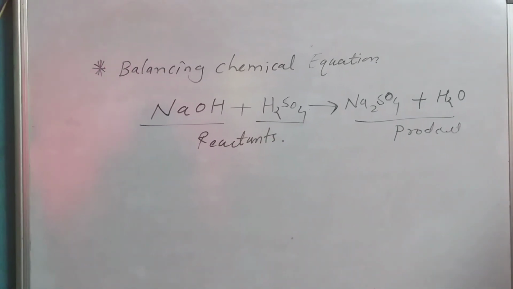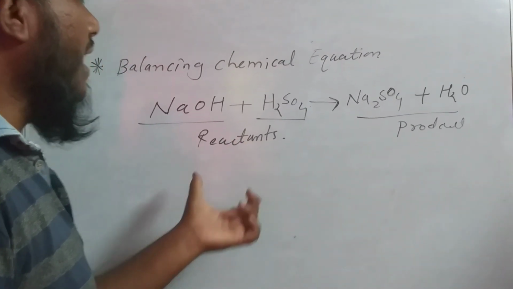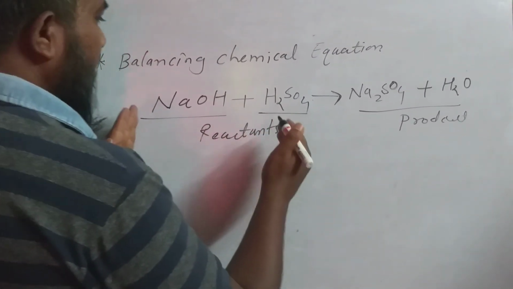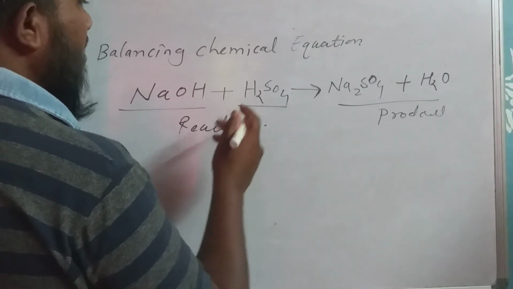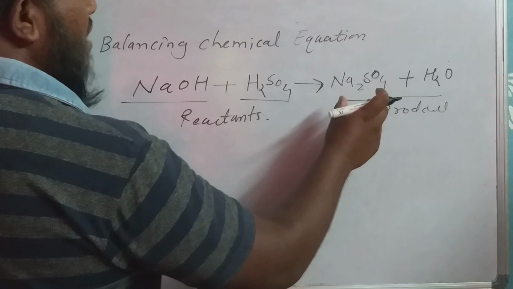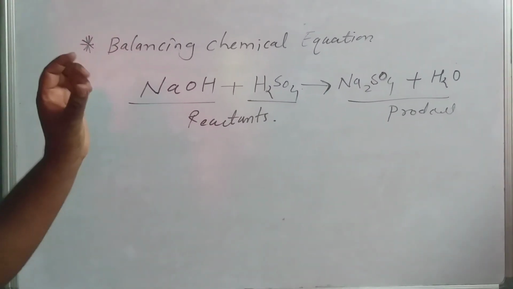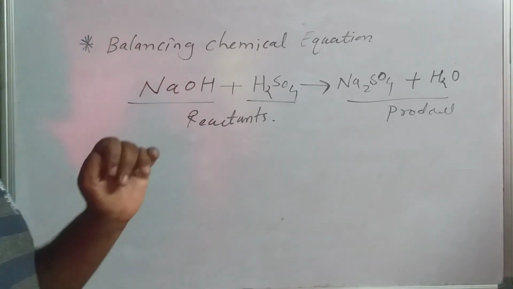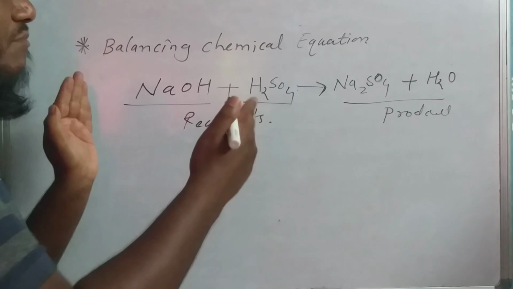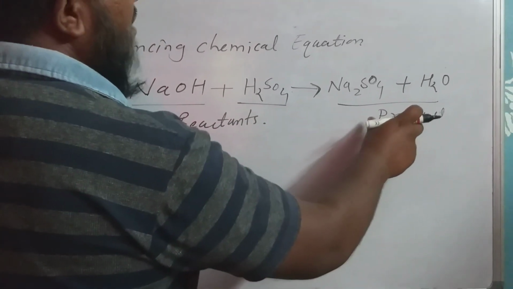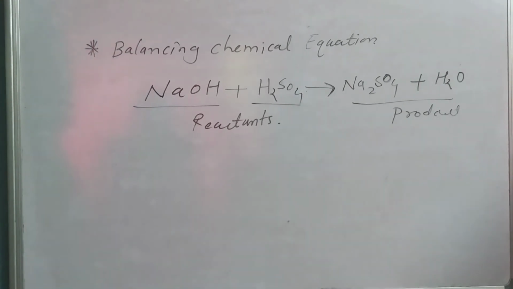Now dear students, keep in mind that however many reactants we add in the equation while mixing these two reactants together, that many must be present in the product, no less and no more, because however many reactants we mix, that many should be present in the product. That's why we have to balance the chemical equation.